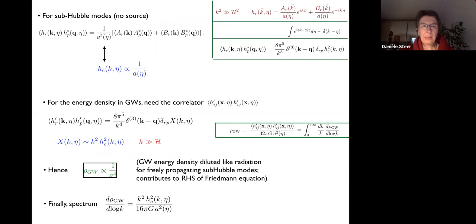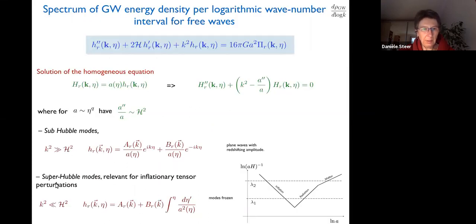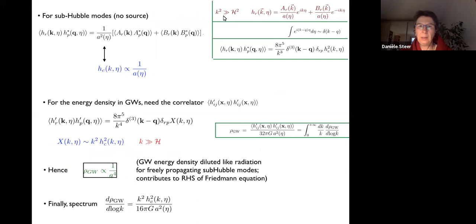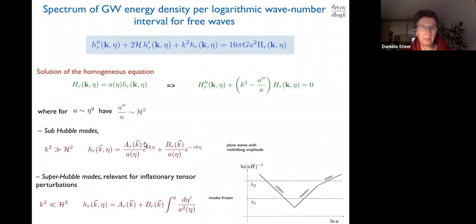Okay, so now I want to focus on the sub-Hubble modes. And as I said, the aim is to try and calculate this quantity, the GW by d log k, focusing on sub-Hubble modes. And to help us in the calculation, I've started by collecting some of the relevant expressions. The first one was the expression for the polarization h_k of the gravitational wave, which we just had before here.